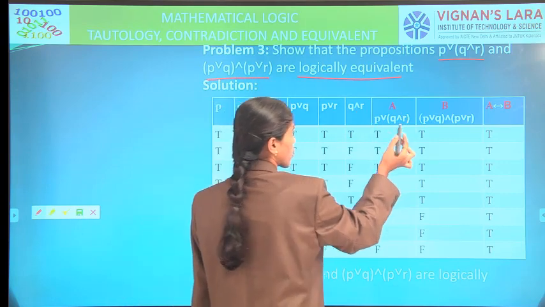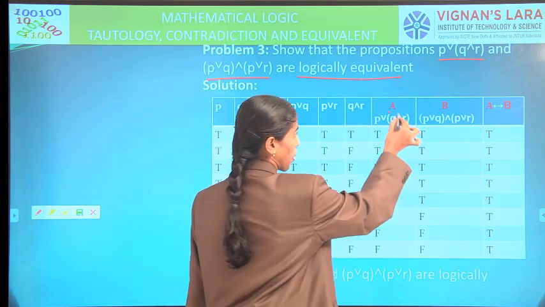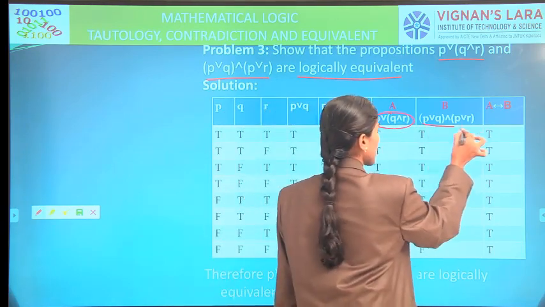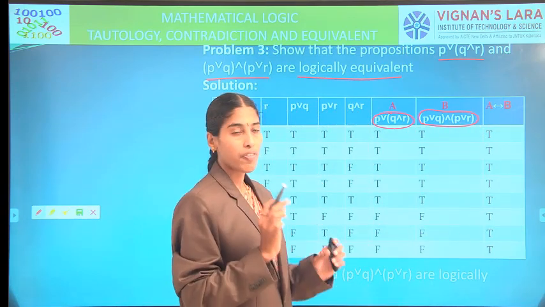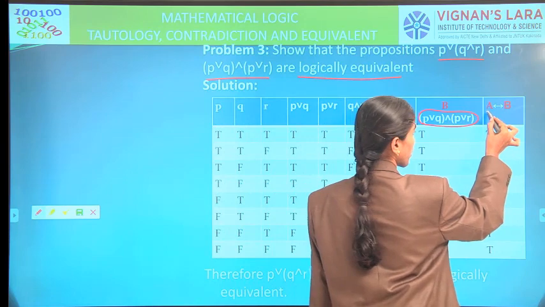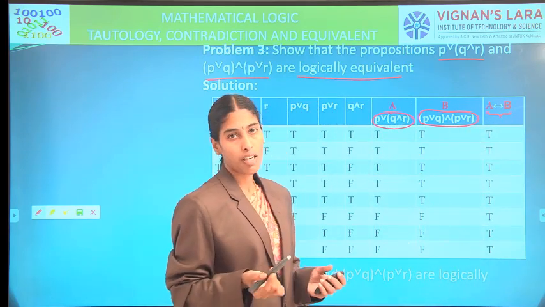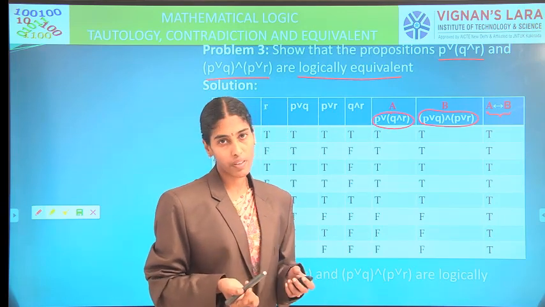So take the first proposition as A, the second proposition as B. Finally, if A biconditional B is a tautology, we say that A and B are logically equivalent.